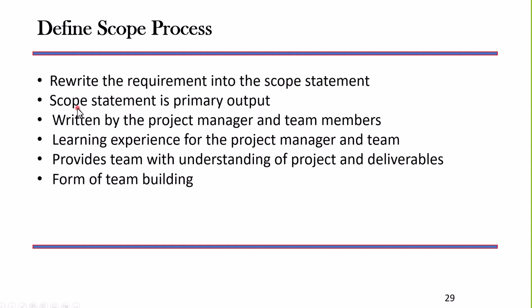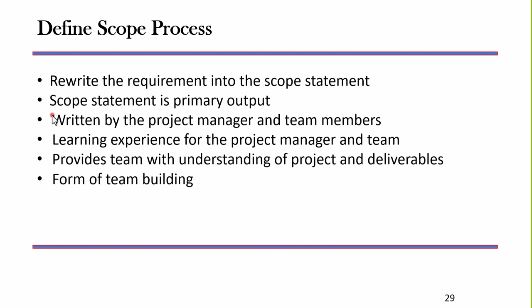So we rewrite those requirements into the scope statement. The scope statement is the primary output. It is done by the project manager and the team members. This is a great team building opportunity here. Even if I'm the subject matter expert, I need the input from other people because I don't know everything.